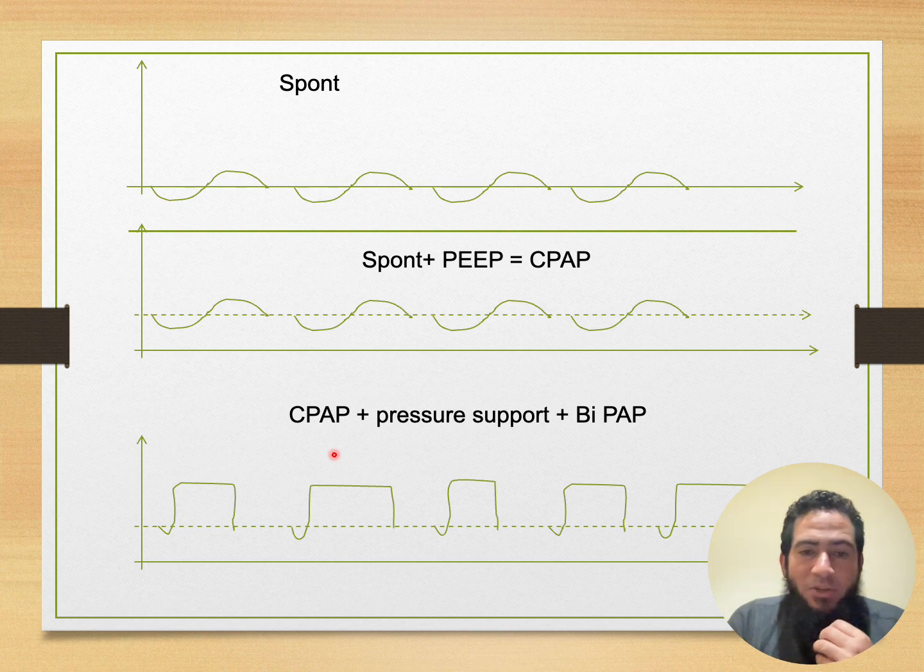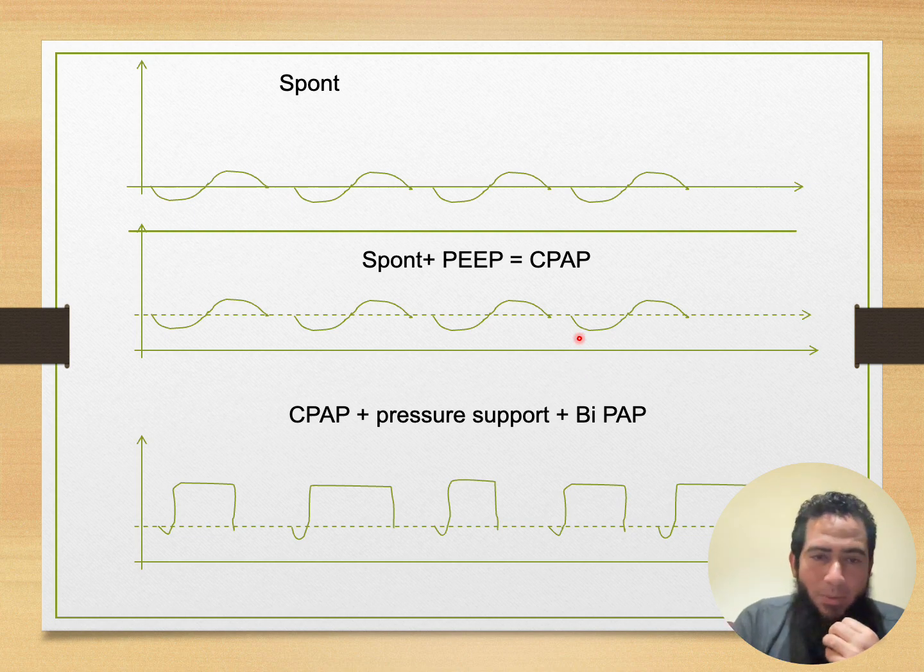If the patient is not breathing at all, for a few seconds for example, this will trigger the apnea backup system, which will give the patient a sort of pressure controlled breath, just to save time for you to check what's happening with your patient.